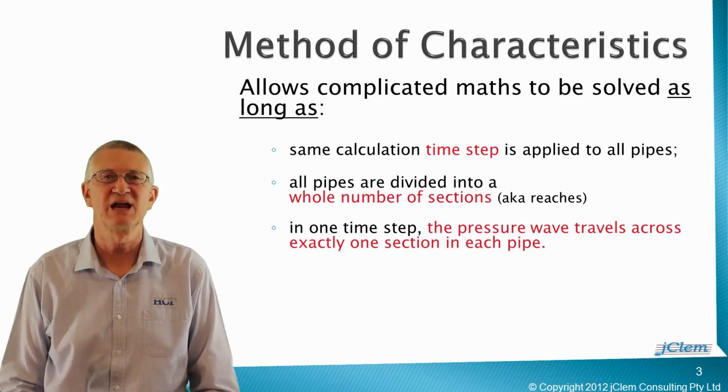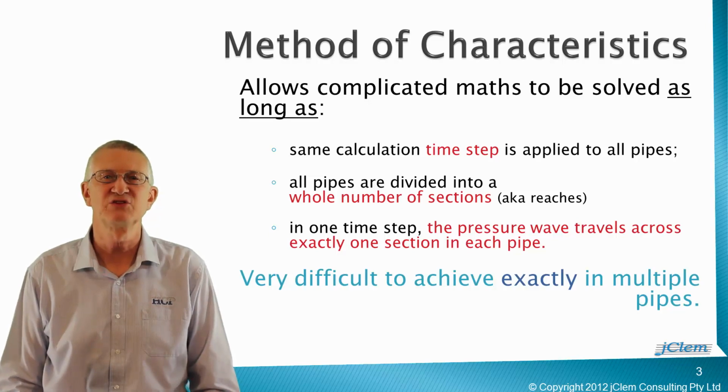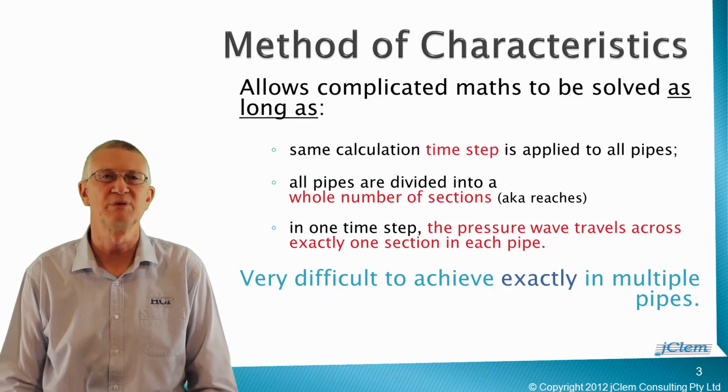The same calculation time step is applied to every pipe in the system. All pipes are divided into a whole number of sections, and during one time step, the compressive wave travels exactly 1 water section in each pipe. Achieving these 3 constraints exactly in a system with multiple pipes is relatively difficult without making some form of compromise.